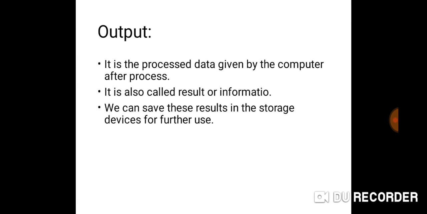But devices through which we receive output, which is given to the external environment, those are called output devices. The devices that provide the output to the external environment. For example, we have monitor, which is also called visual display unit.